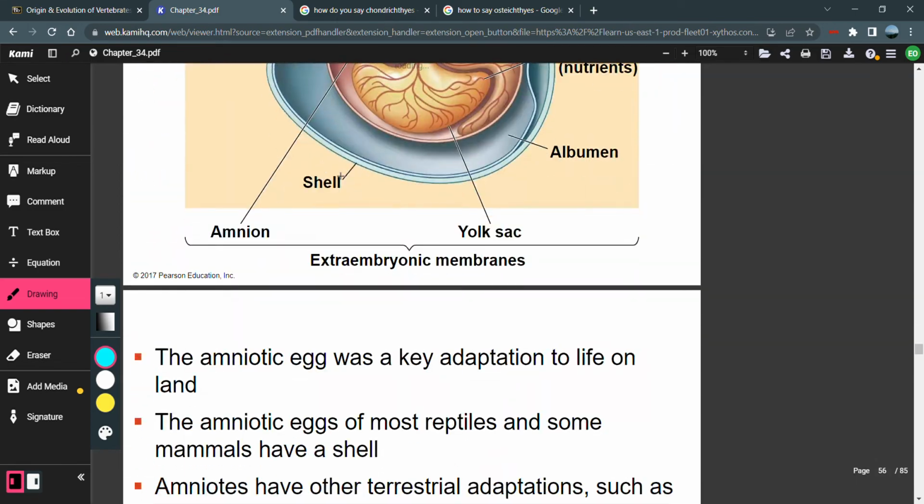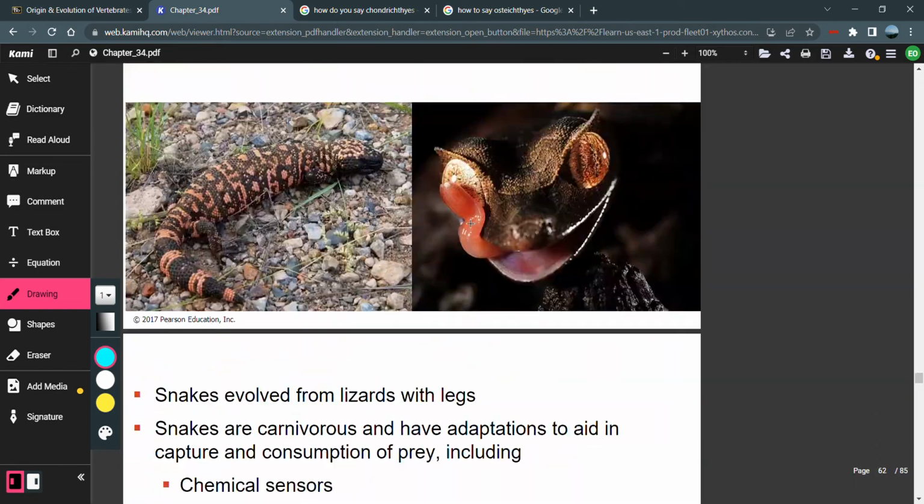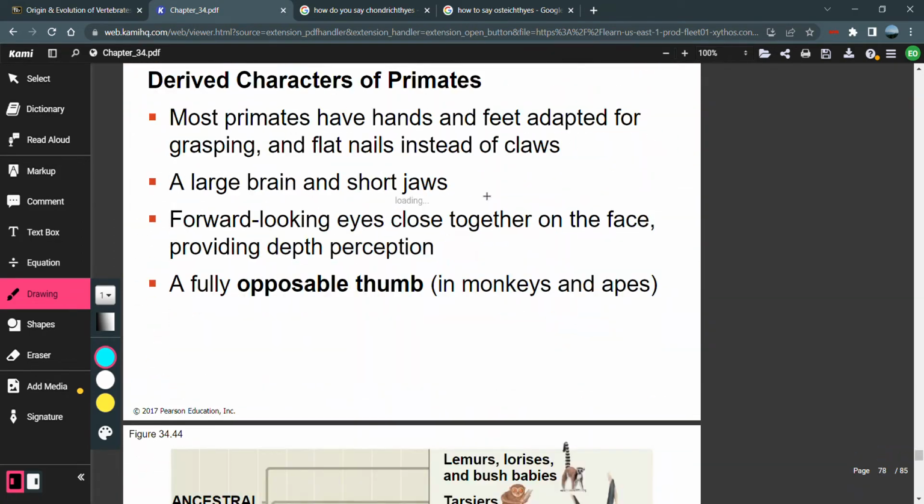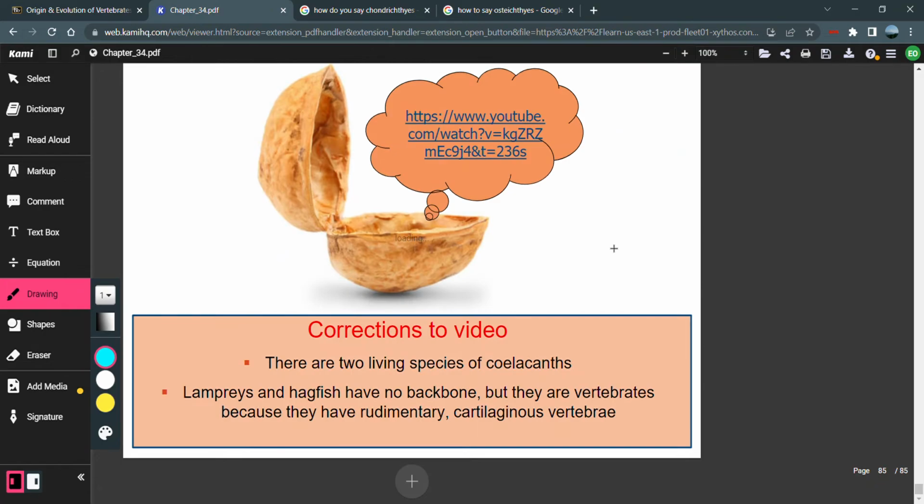So this is where we get our amniotes. We are called amniotes. We still have a lot to cover.